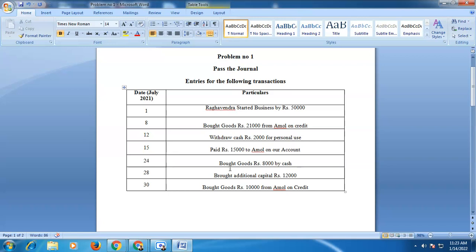And what is the rule of personal account? Debit the receiver and credit the giver. But there is one rule of accountancy, that you cannot write your name, it means the owner's name, in his books of accounts.